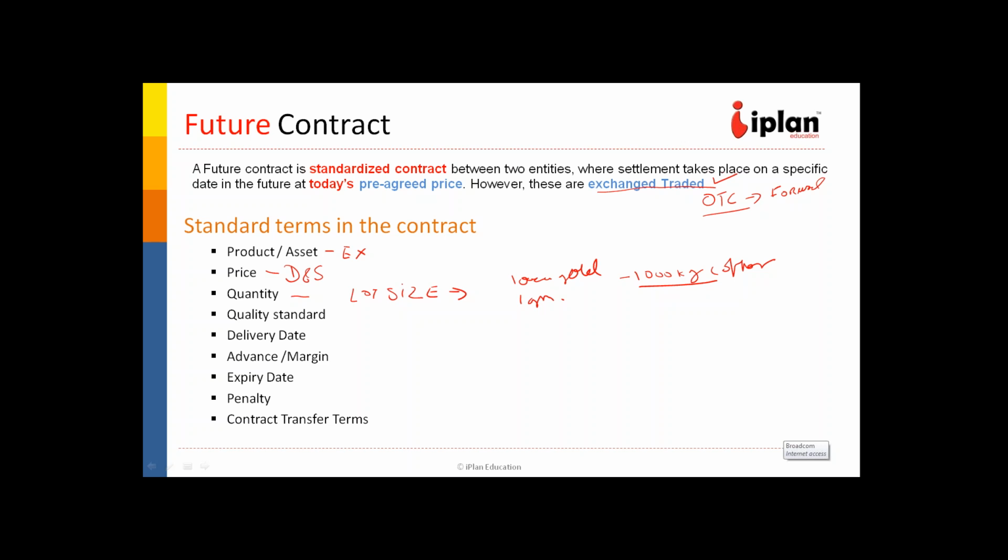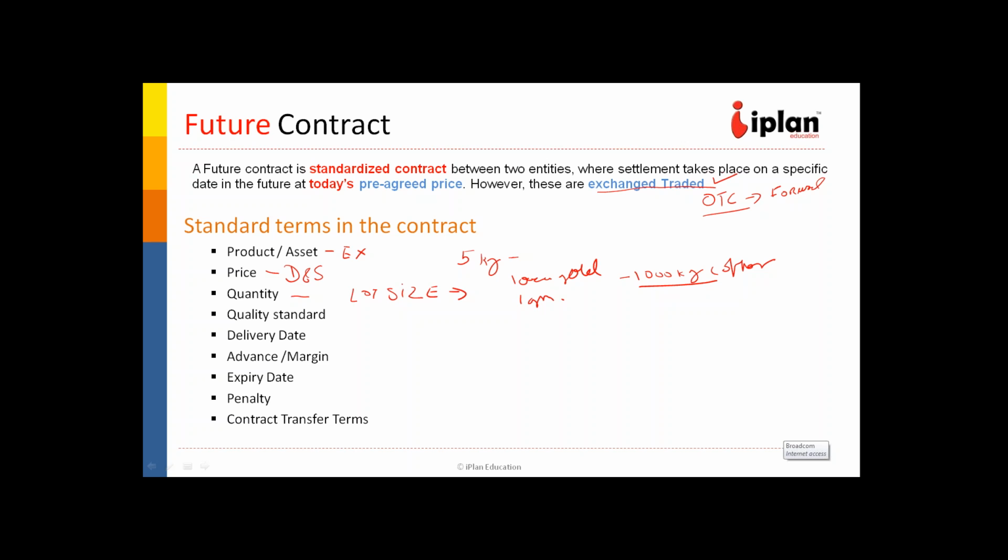Let's say they say the minimum silver contract will be for 5 kg. So you cannot buy 1 kg of silver. You have to buy 1 lot of the silver contract. So if you are looking to buy a lesser quantity, you have to look out for another contract which may have a lot size of 1 kg.